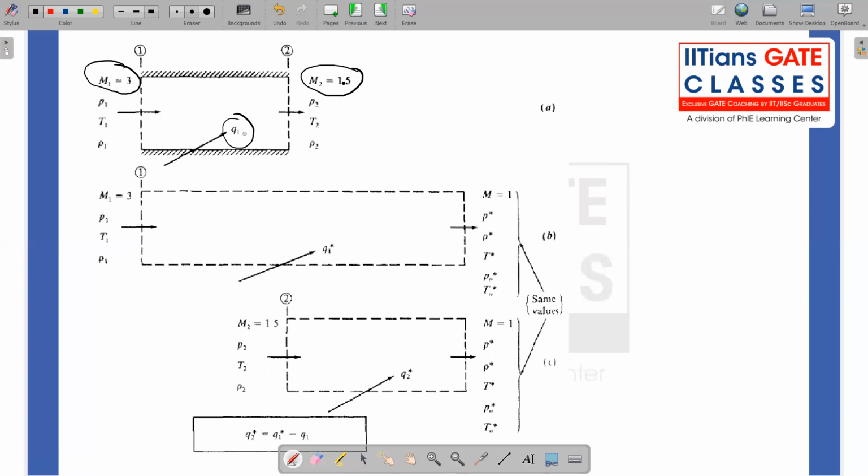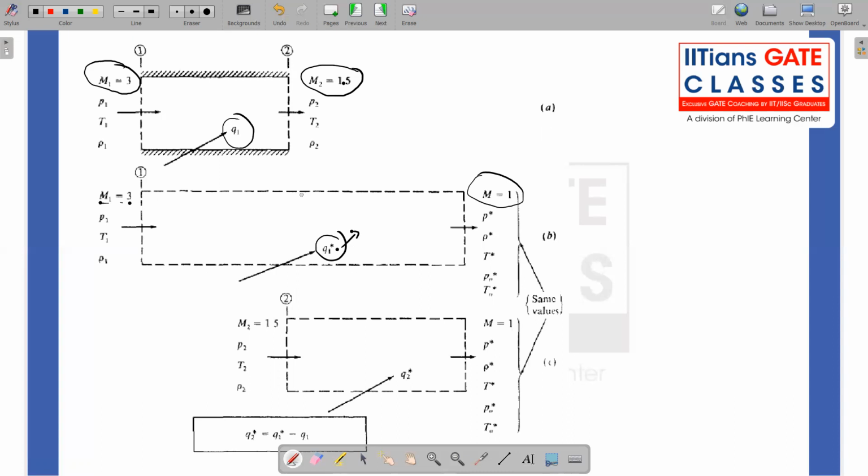Okay, so now you see, at the same station 1, I have M1 equal to 3. Now I am adding Q1 star, which represents the heat added to bring the supersonic flow to the M equal to 1 condition. So for that I am adding Q1 star heat.